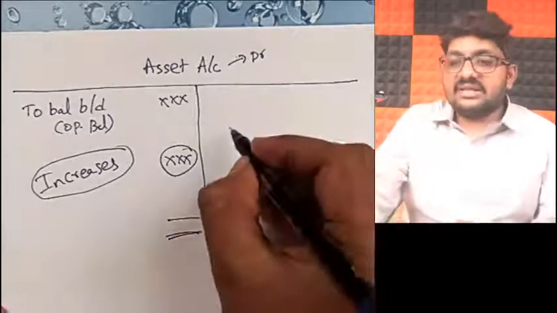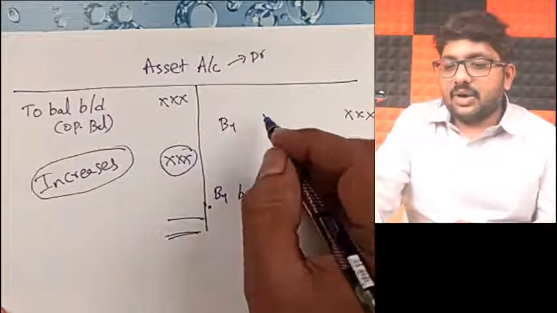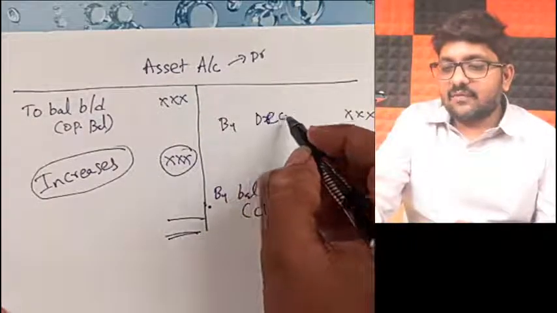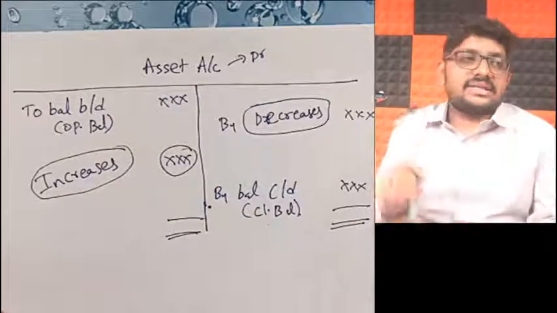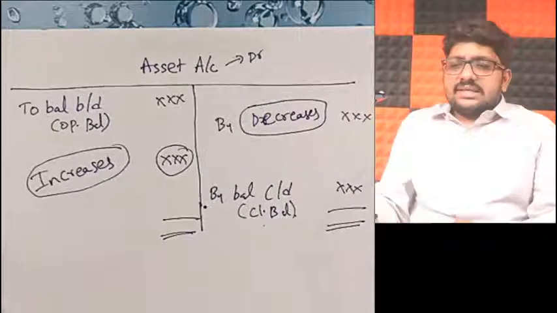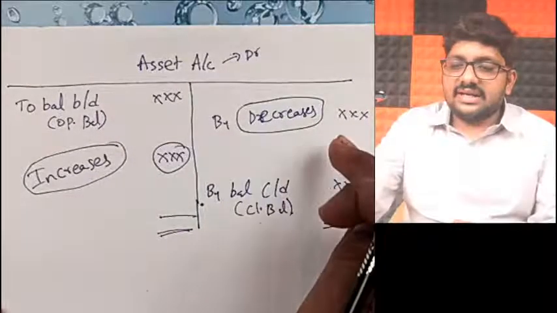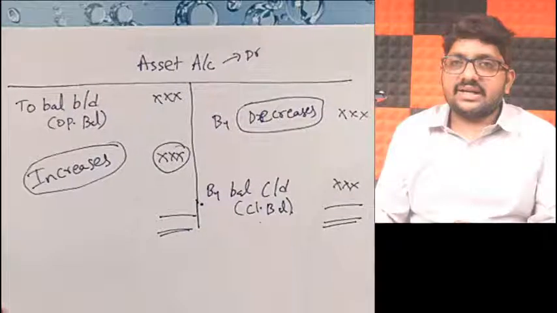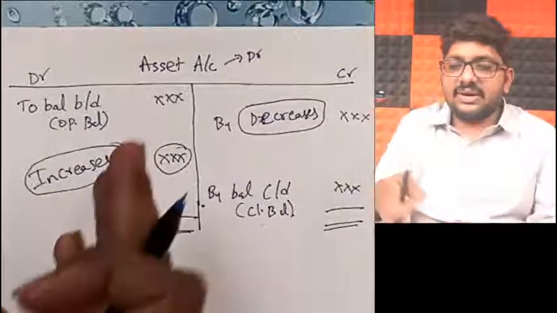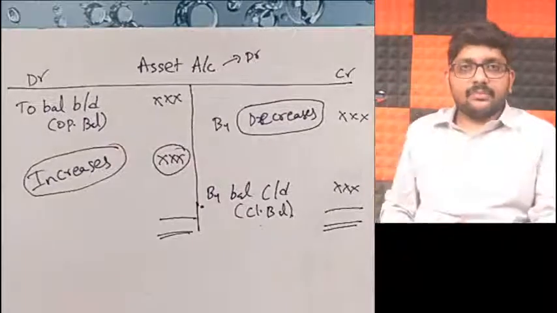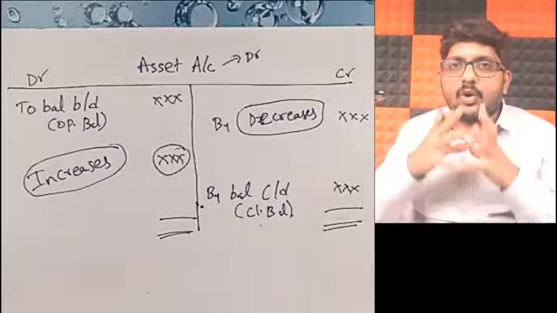Whatever be the reason, if the asset decreases, I will write it on the credit side. It is the same journal entries rule we are applying: asset increases, debit; asset decreases, credit. This is the debit side, this is the credit side. Simple. This is an overview of how a ledger looks.